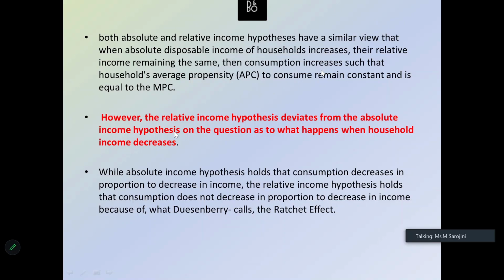But under the Duesenberry demonstration effect or the relative income hypothesis, once there is a decrease in relative income, consumption does not decrease, right? That is the demonstration effect. People don't like to reduce their consumption, though their income decreases.